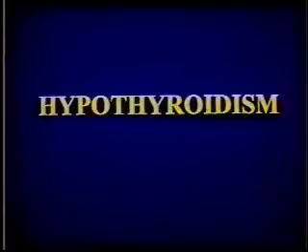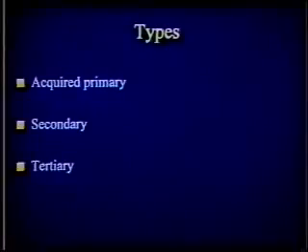Lastly, we'll mention hypothyroidism, and this is going to be brought about most of the time by an idiopathic atrophy of the thyroid gland, or it might be brought about by inflammation of the thyroid gland in the form of thyroiditis, eventually leading the gland to be atrophic. You see here that hypothyroidism is broken down into three types: acquired primary, secondary, or tertiary forms.